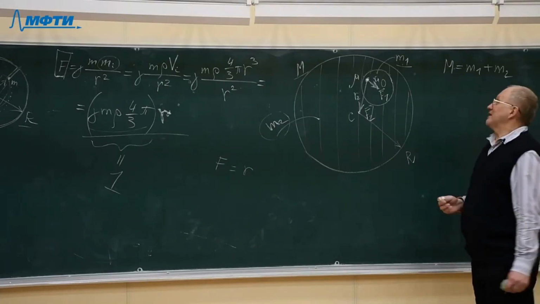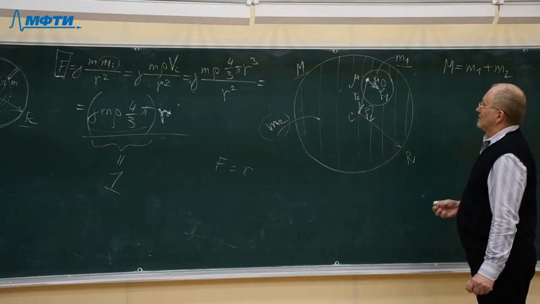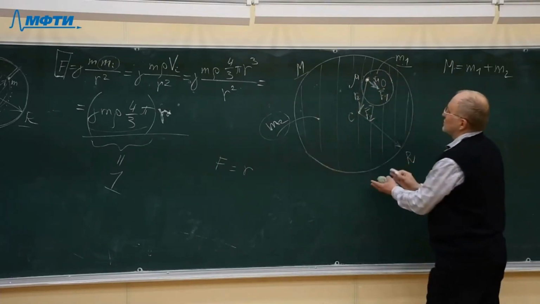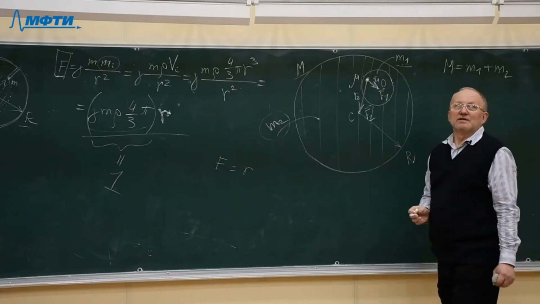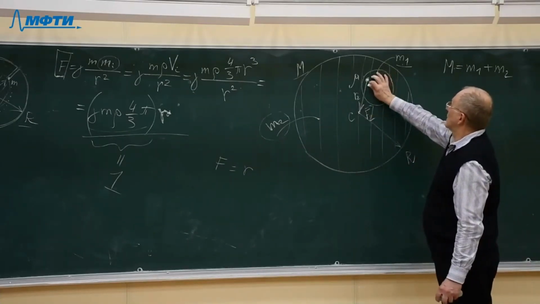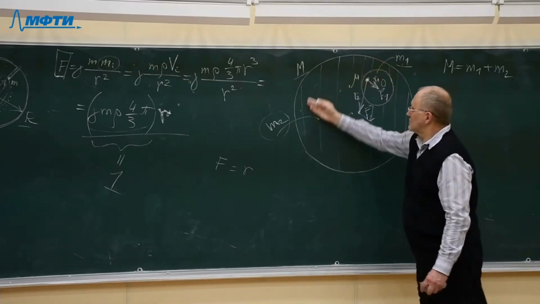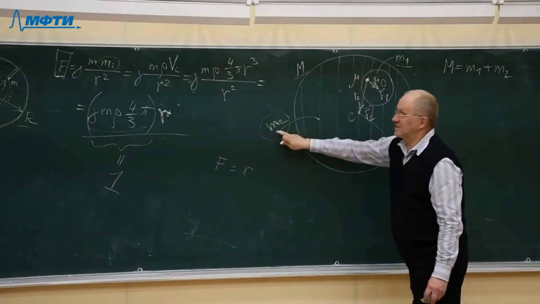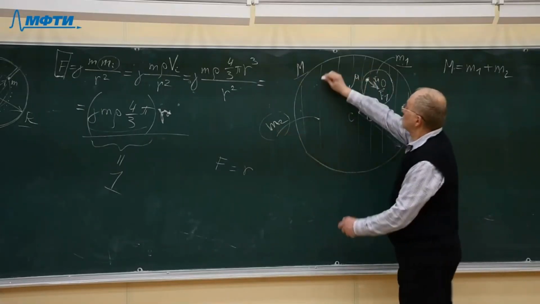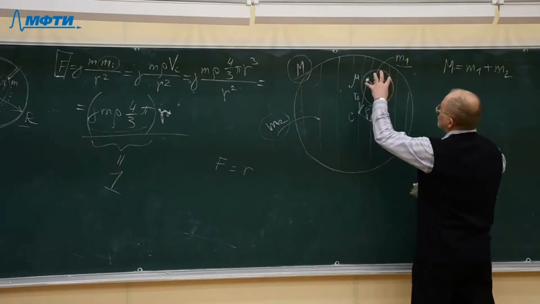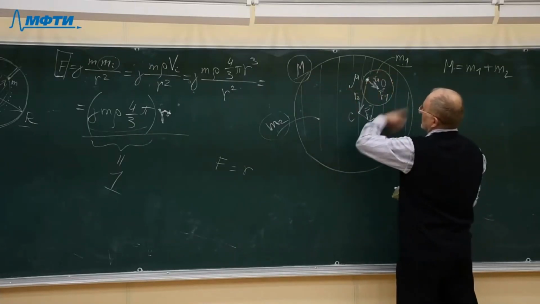Now we consider the total mass of a large sphere to consist of two parts. The first part is m1, which is here, and the second part is all the remaining mass m2. So the total mass m certainly consists of two masses, m1 and m2.